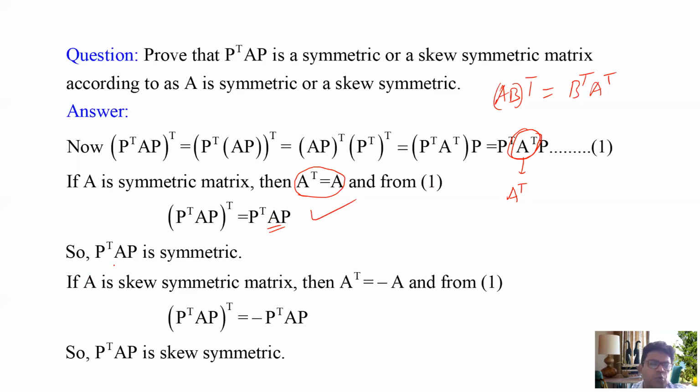Therefore P transpose AP is a symmetric matrix. You are getting the same matrix.